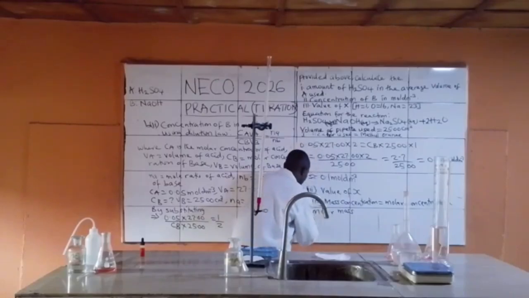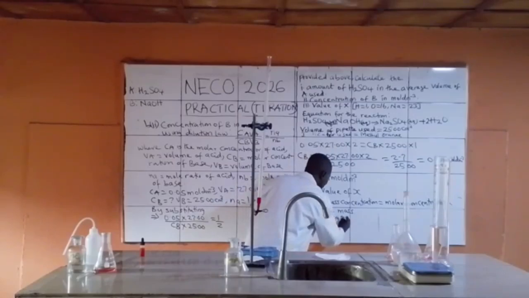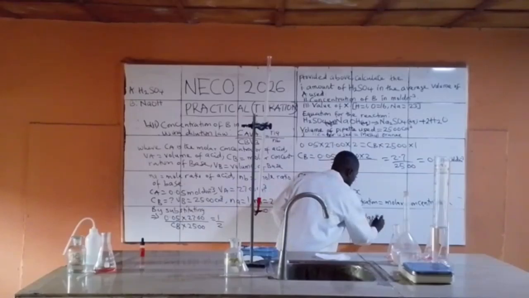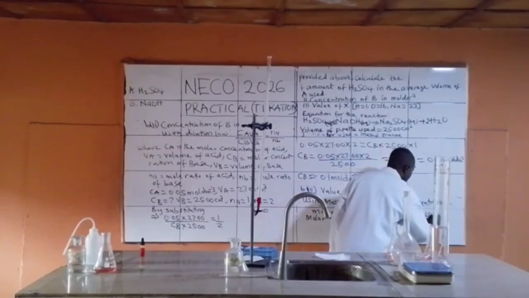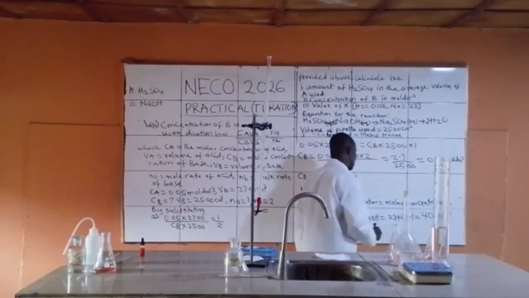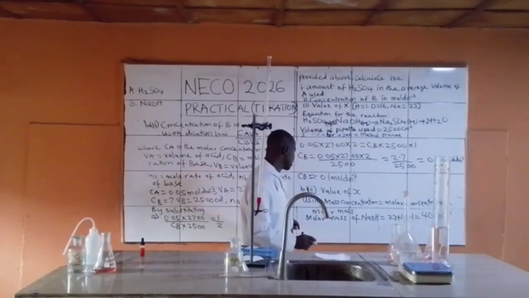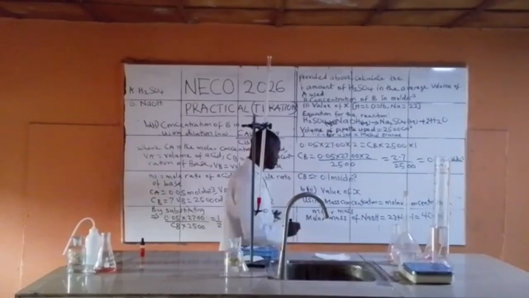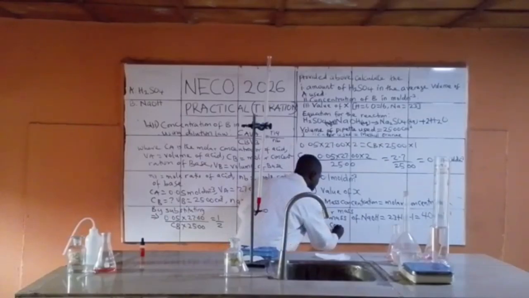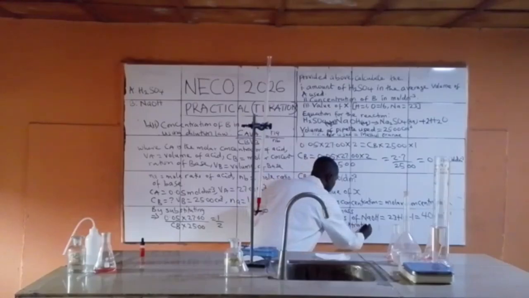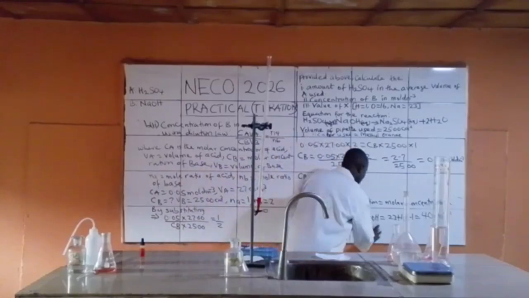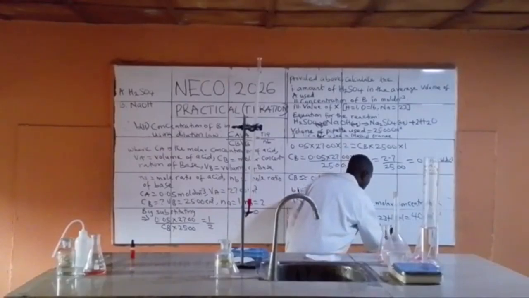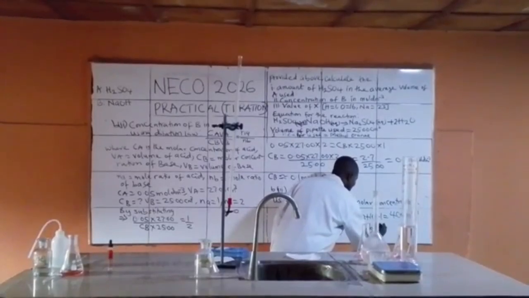The molar mass of sodium hydroxide, NaOH, is equals to 23 plus 16 plus 1, which is equals to 40 gram per mole. And the molar concentration of B, that is the molar concentration of the base, is equals to 0.1 mole per dm cube.